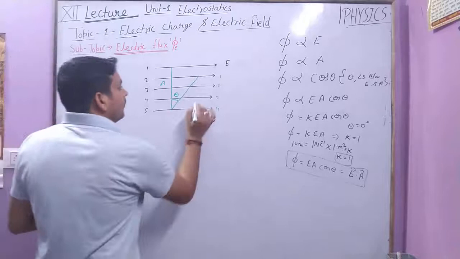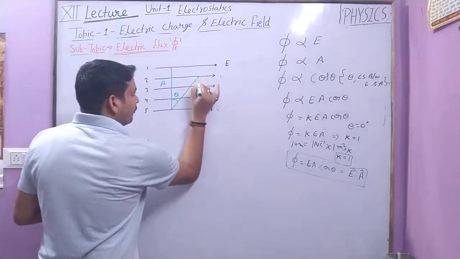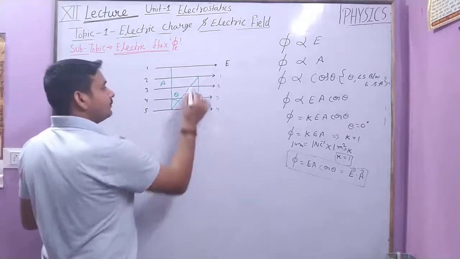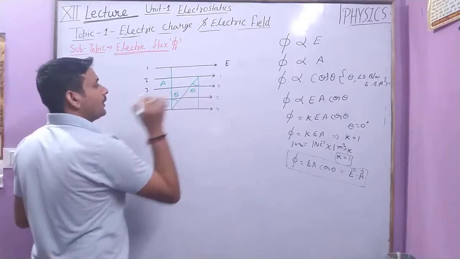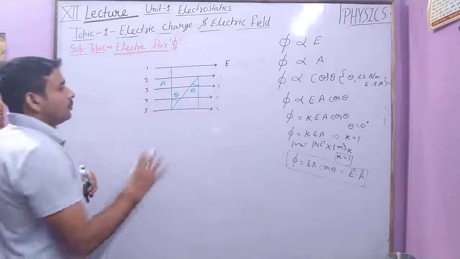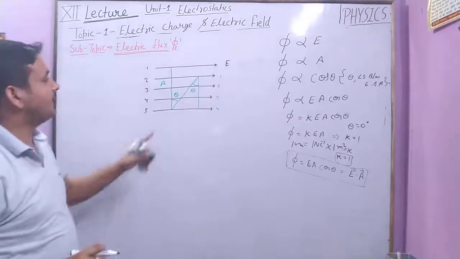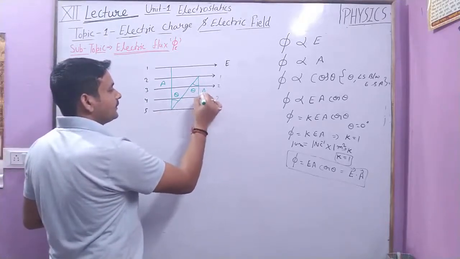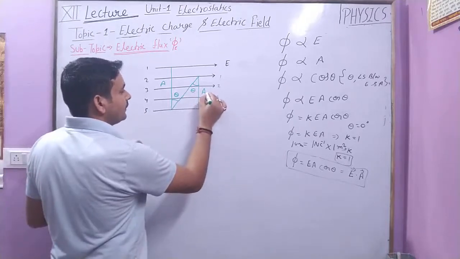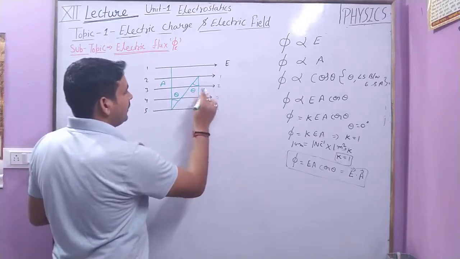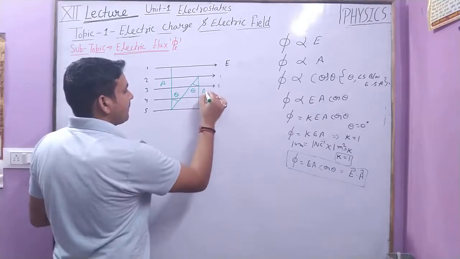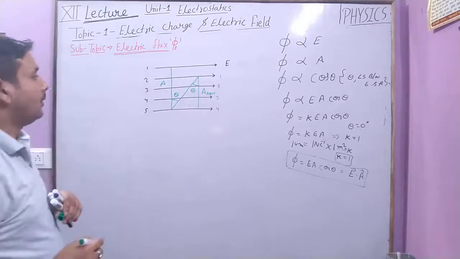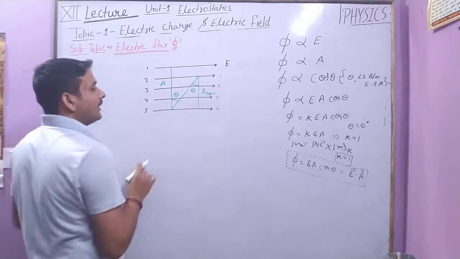By drawing a perpendicular to the fifth line, this angle is also equal to theta. So how many field lines are linked with this new surface? This is the new surface.